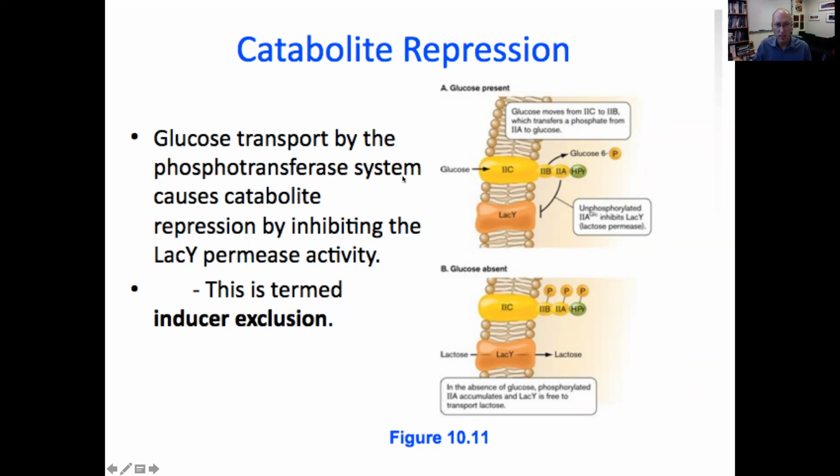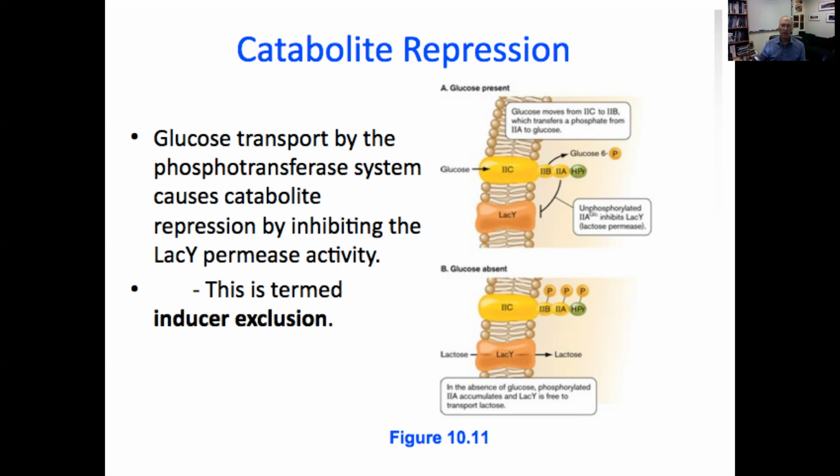So when you have glucose in the environment, it's transported by this system here. This is what's called a PEP-dependent transport pathway. When glucose is coming in here, one of these components will actually inhibit the lactose permease. Okay, so that means that if glucose is coming in from the environment, then lactose won't be coming in from the environment.